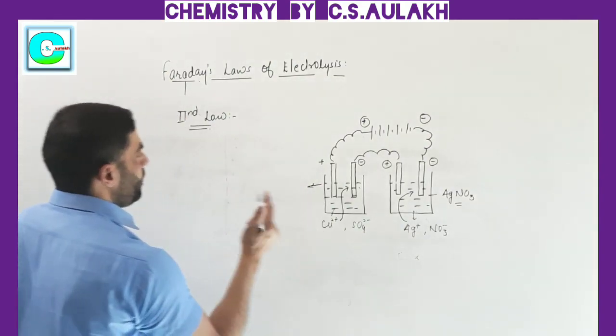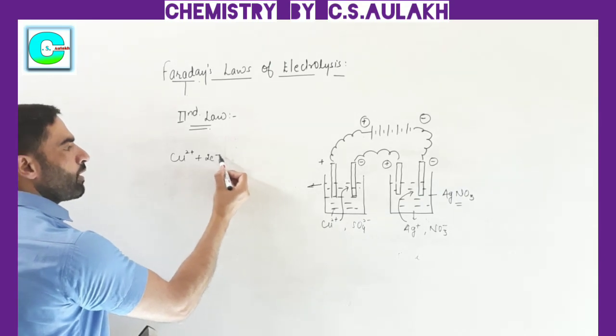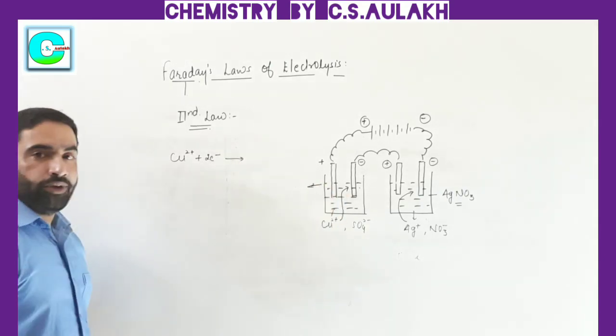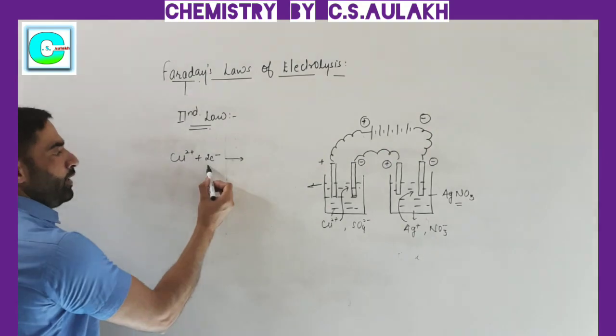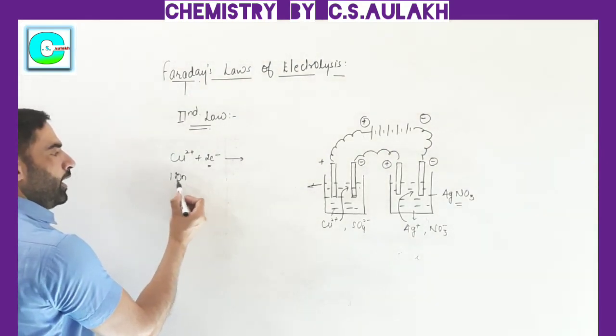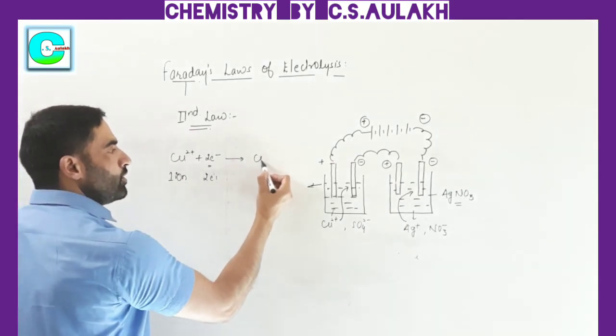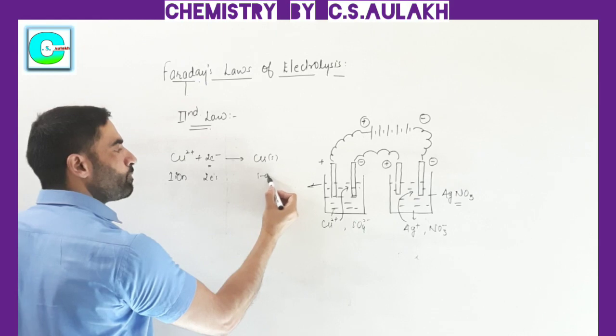So here in this case, when one copper ion moves toward the surface of the cathode, it will gain two electrons. So one ion gains two electrons and changes to one atom.